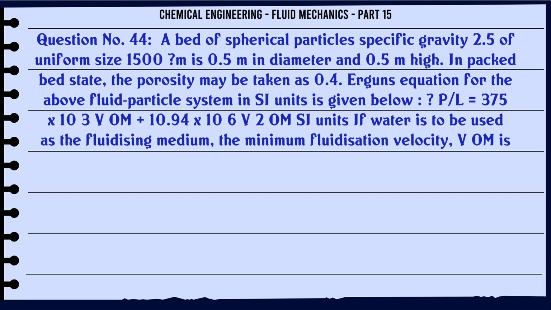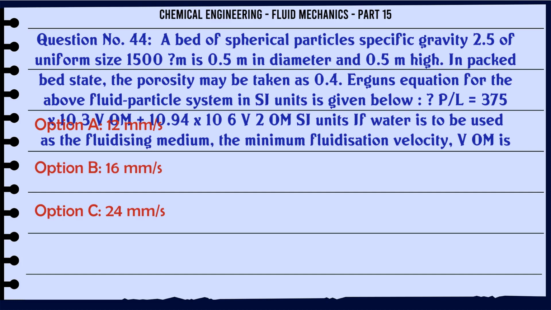A bed of spherical particles, specific gravity 2.5, of uniform size, 1500 m, is 0.5 m in diameter and 0.5 m high. In the packed bed state the porosity may be taken as 0.4. Ergun's equation for the above fluid-particle system in SI units is given below: ΔP/L = 375 × 10^3 V_mf + 10.94 × 10^6 V_mf^2.